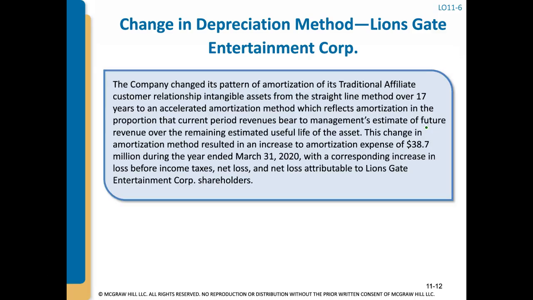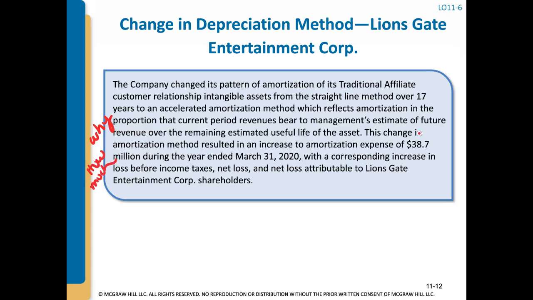So this tells you the why, right? That was the why. Then it says, this change in amortization method resulted in an increase to amortization expense of $38.7 million. And so this is the how much of what changed.